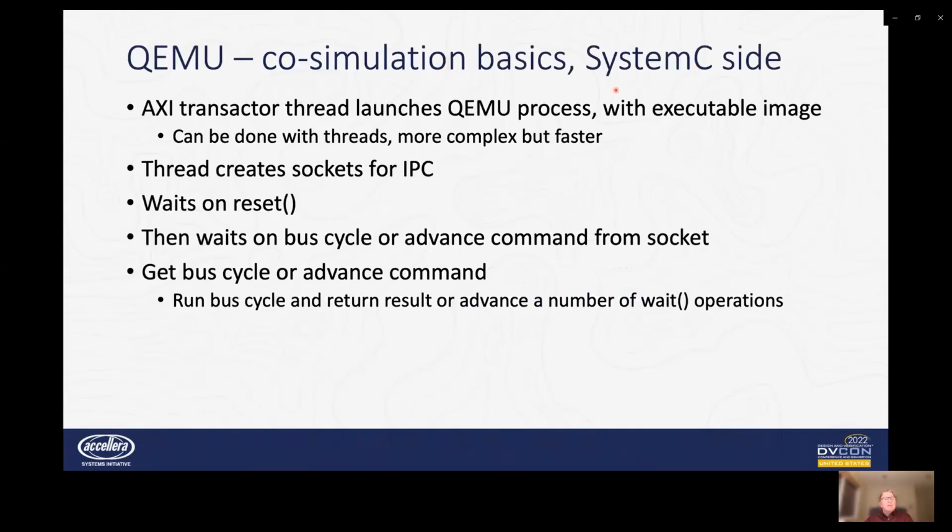So on the SystemC side with QEMU, what we would be doing is, in our AXI transactor, launching the QEMU process in a separate process, with its executable image, kicking it off. It would then create the sockets for the inter-process communication. It would wait on the reset operation for the system, and then it would listen to the IPC sockets, waiting for either a bus cycle or an advance command from the socket. And it would basically run that bus cycle or advance the simulation, and it's going to repeat this cycle forever until the end of simulation.